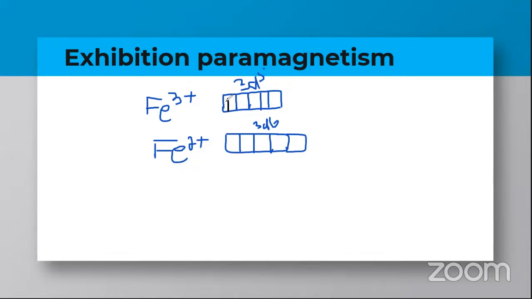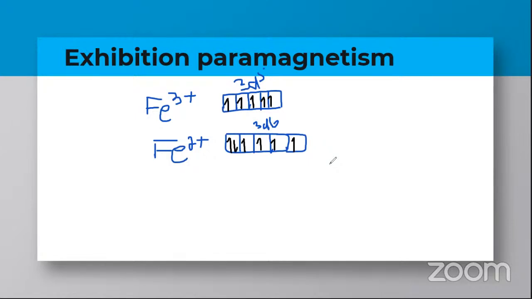Then we don't go back because it has 5. On iron 2, we do the same with 5, and then we go to the very first part and put in the 6th.